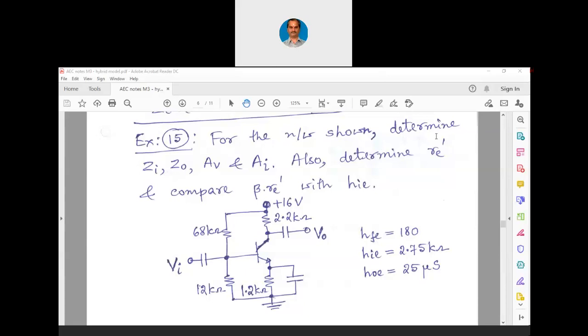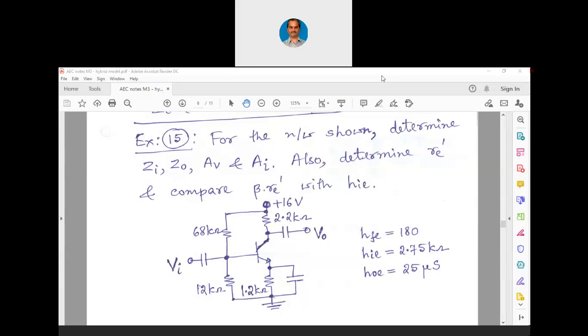What about Z0? Okay, Sayan has given the answer.